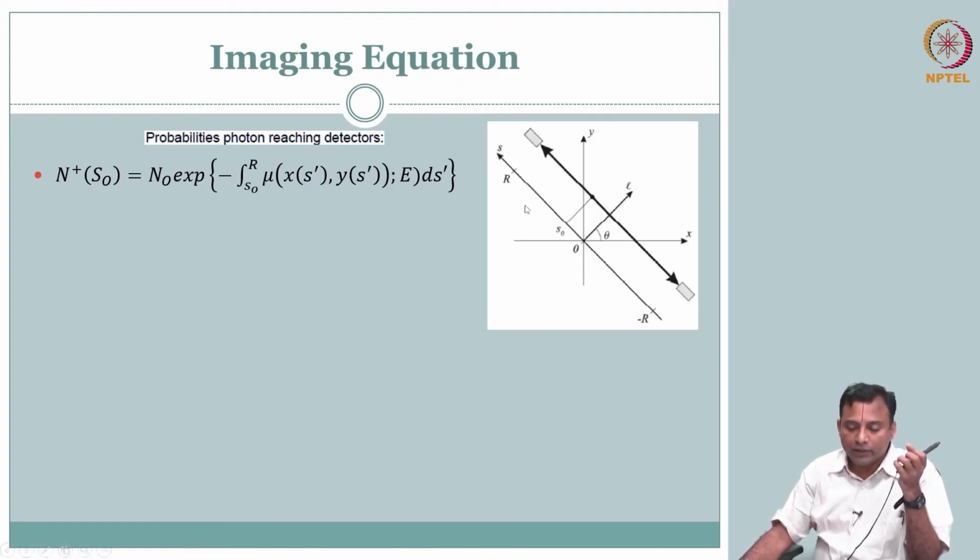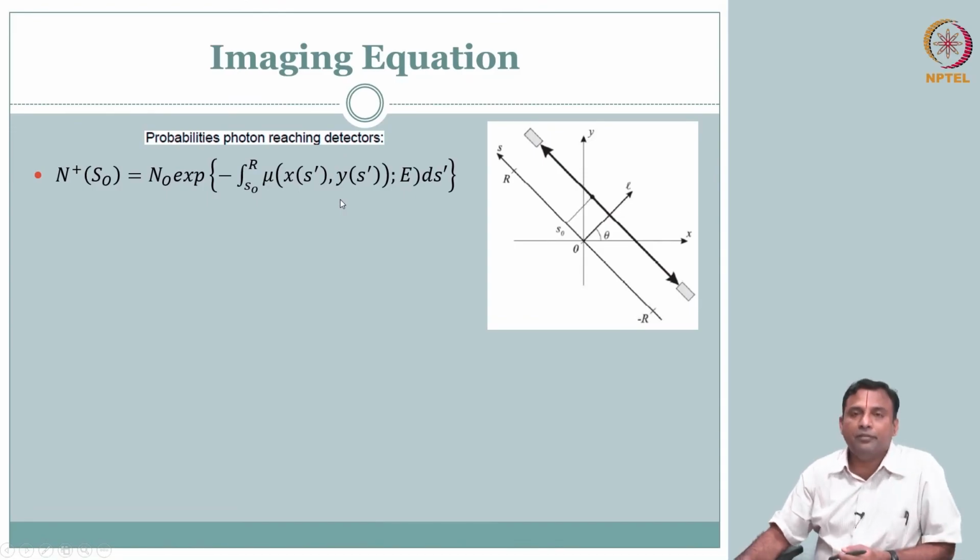This N0 has to go through this tissue with attenuation mu. So, it is starting with S0, it is going till R, right, upper limit, whatever loss is there is your mu along that line for that particular energy, clear. So, this is something that we knew from before, nothing fancy.